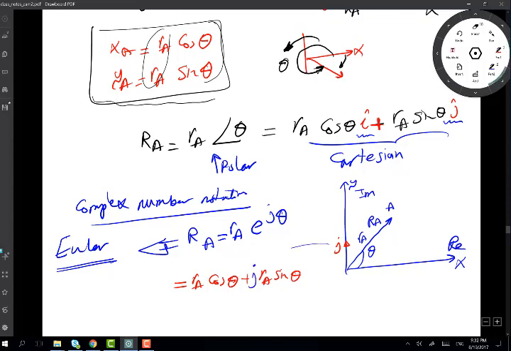This j is the complex number operator, if you like.